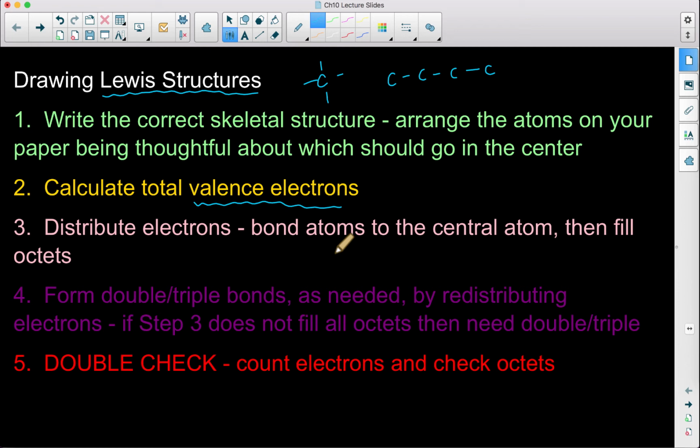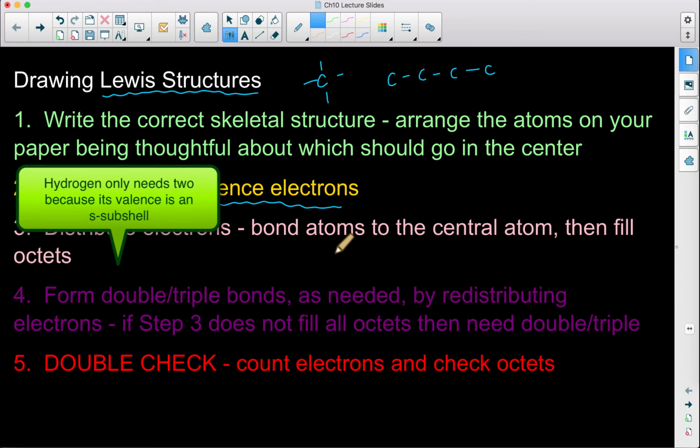They're the only ones available for giving, taking, or sharing, with the goal being to fill the octet. And why are we filling octets? Why 8? Because it goes back to your s and p subshells.